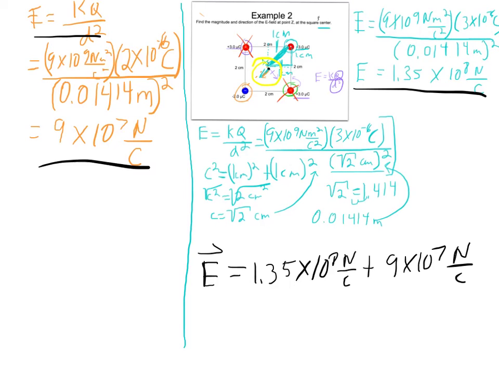Just adding those two together, I get that that total is 2.25 times 10 to the 8th newtons per coulomb.